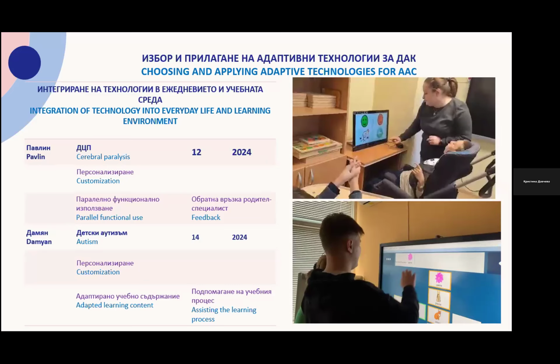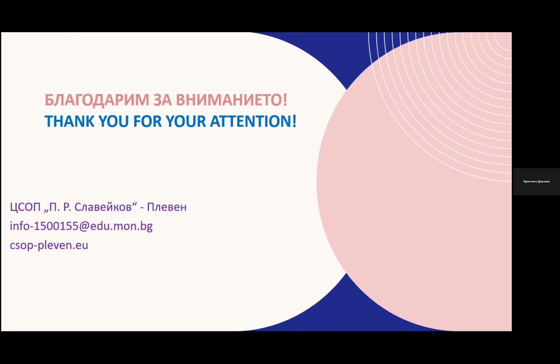By focusing on the individual needs and preferences, we can guarantee that the selected tools and methods remain effective and suitable. By working as a team, including the children, the families, and supporting staff, we can create tailored solutions that promote independence, inclusion, participation, and the overall well-being of the children who are AAC users. Thank you for your attention.